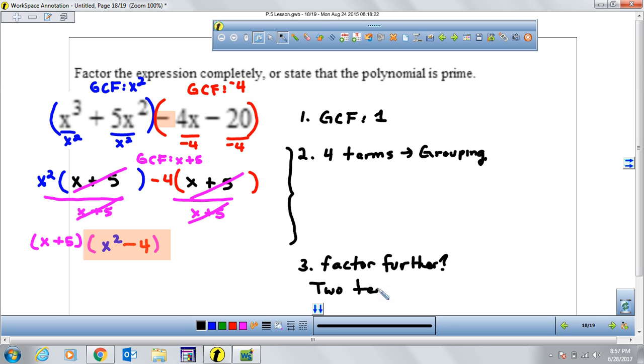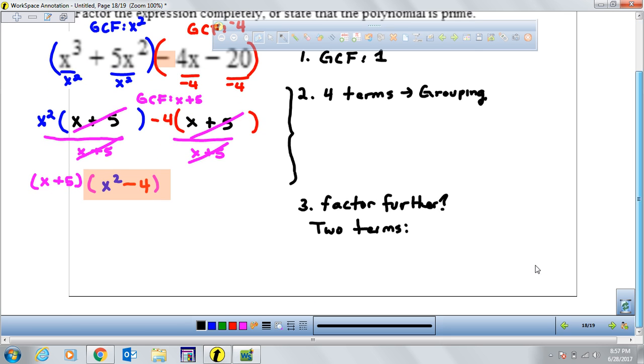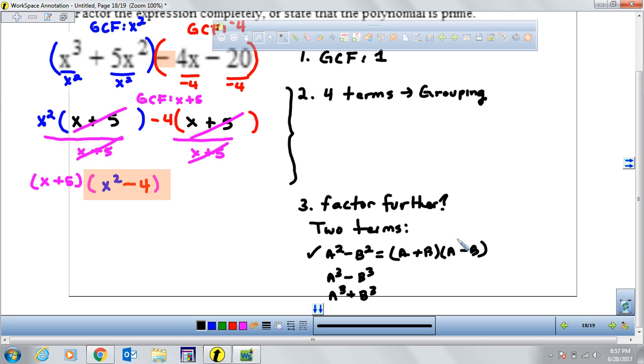We ended up with two terms, and both of them are squares. For two terms, we got three formulas. Remember, a squared minus b squared, a cubed minus b cubed, and a cubed plus b cubed. So the one that applies to this problem is the first formula, which is a plus b times a minus b. So all we gotta do is find a and find b.